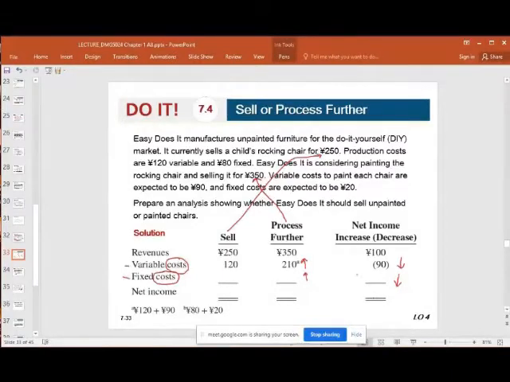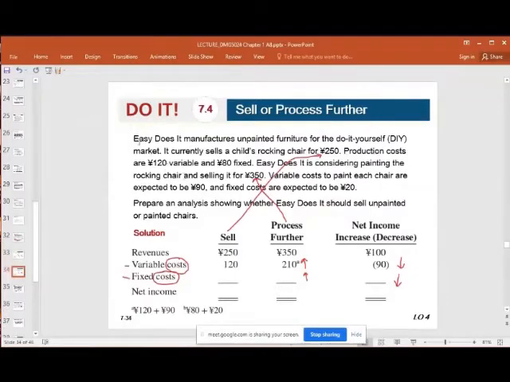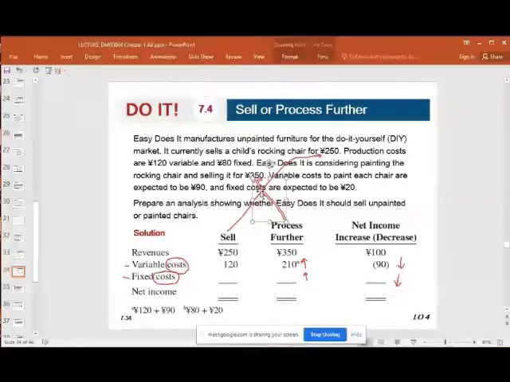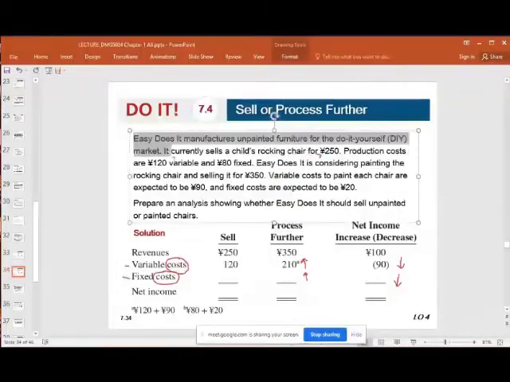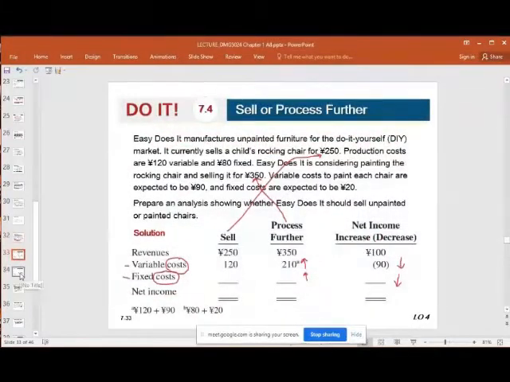Sell, correct. So always write your final decision, don't forget. I don't have enough space. Let me put in one more slide. Okay, so decision, what's the company's name? Easy Does It.